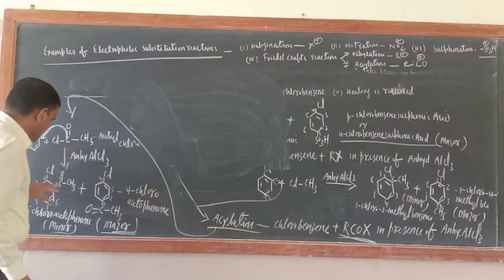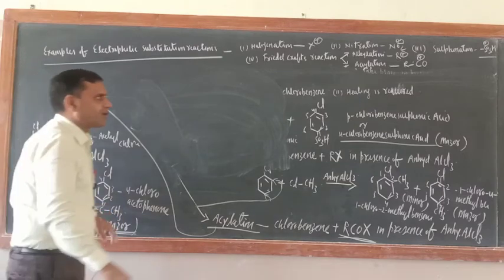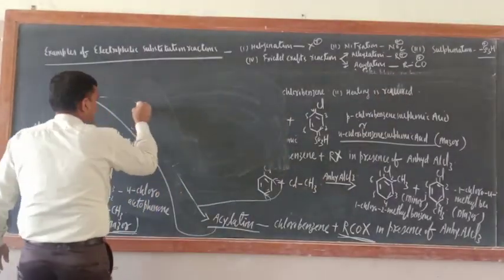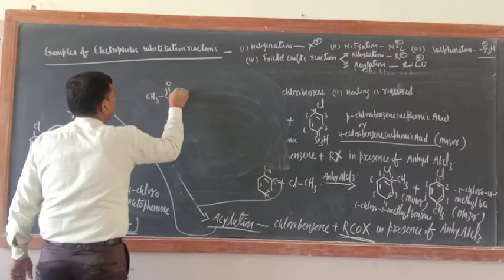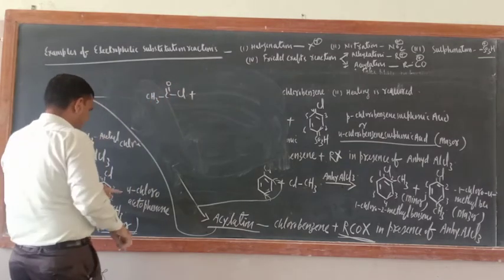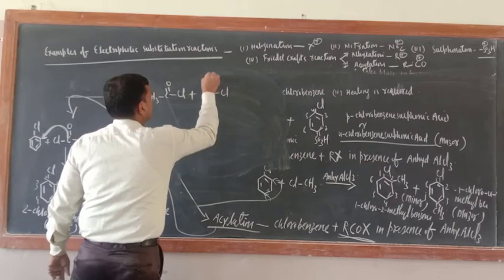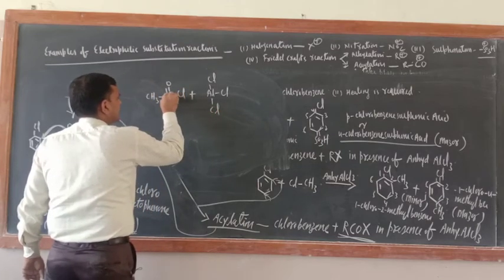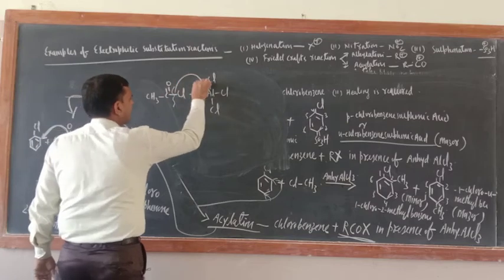Now the question arises, how is the CH3CO electrophile generated? I wrote here the RCO electrophile. First you write CH3C double bond OCl plus anhydrous AlCl3. This is an electron deficient compound, a halogen carrier. Cl will be broken from here and take its bond pair electron.